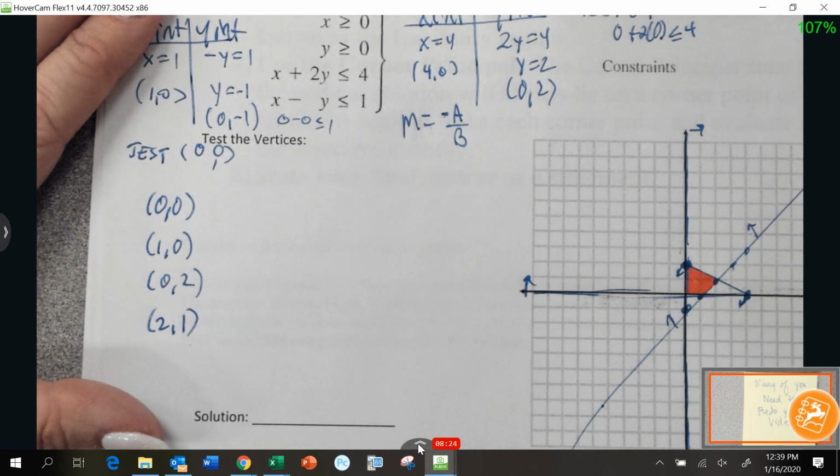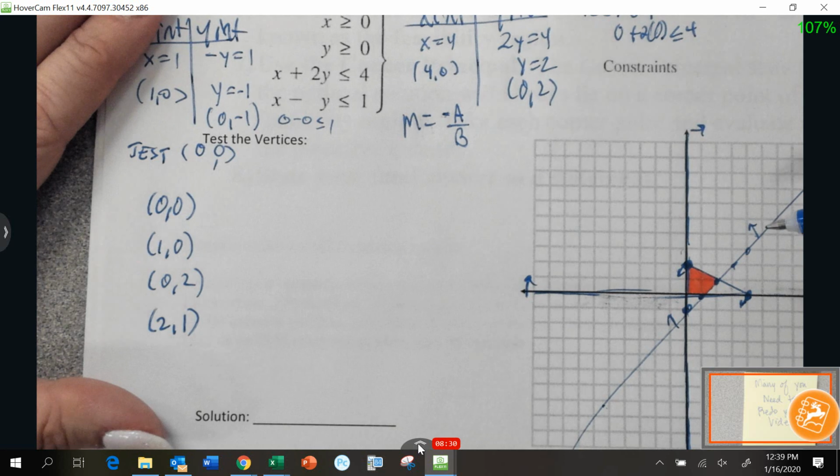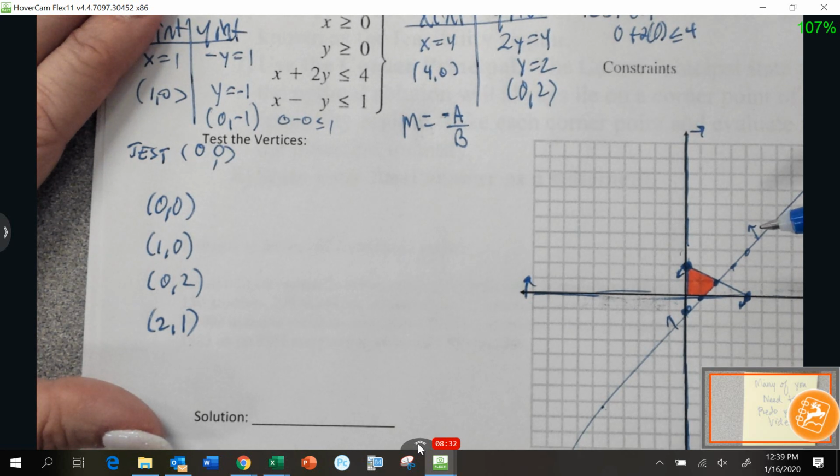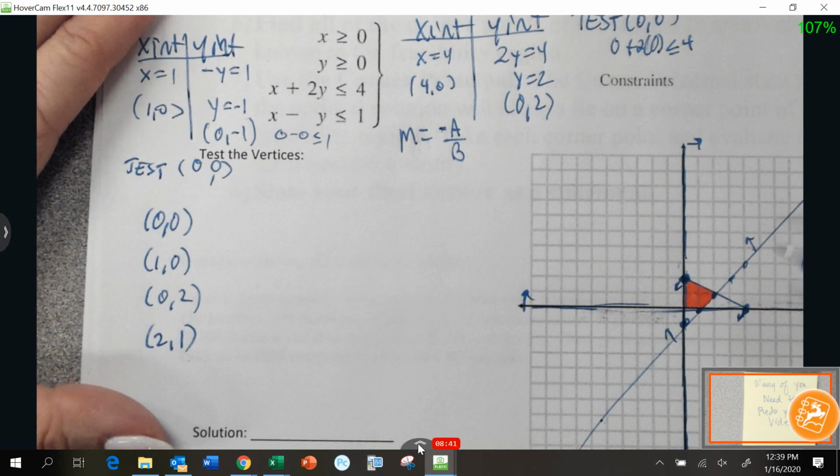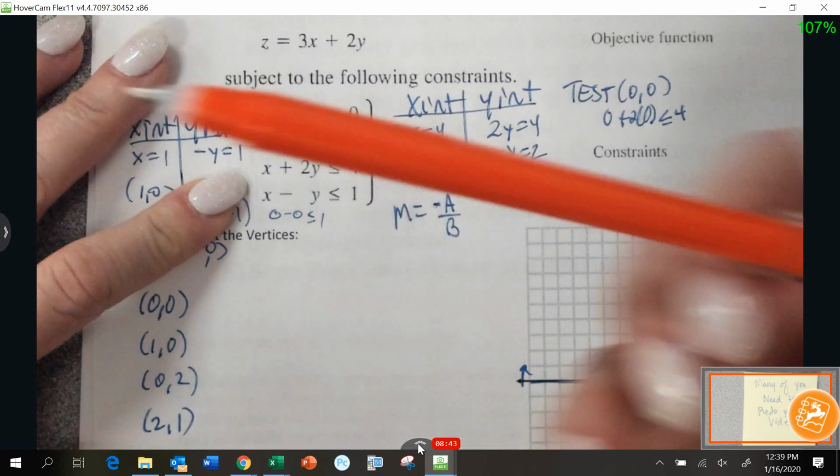What is our other method? Sydney? Substitution or elimination. If you can't tell, and there's going to be some that you can't tell, if you can't tell where they cross, you're going to use the other stuff we learned. Substitution or elimination. So I'm going to go through that quickly with equations 3 and 4.